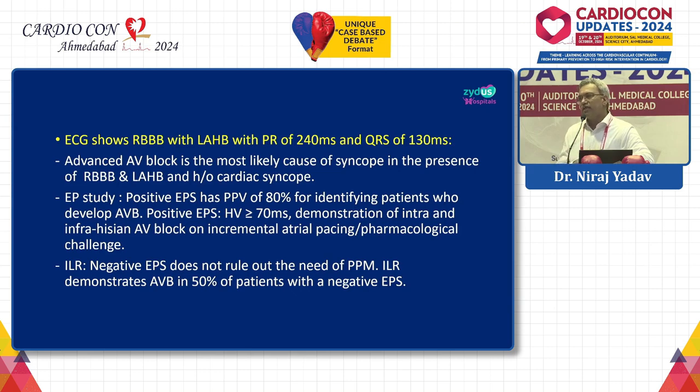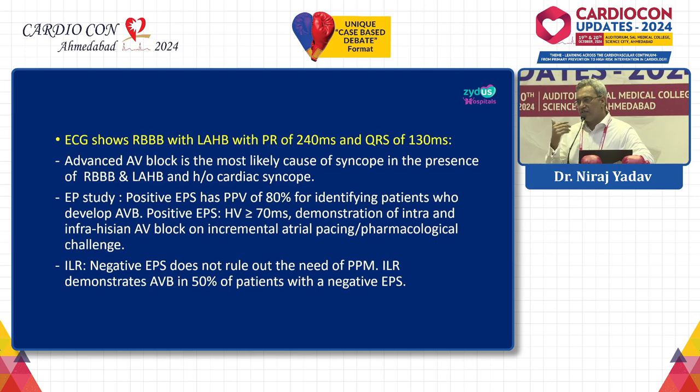Usually EP study has a high positive predictive value. If you find an abnormality in terms of prolonged HV interval, evidence of intrahisian or infrahisian block on incremental atrial pacing or drug provocation, the chances that this patient's syncope is related to AV block is very high.